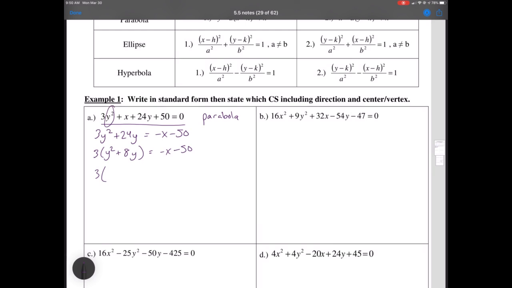So 3 times y plus 4 squared equals 4 squared times 3, plus 16 times 3. So that in turn gives us 3 times y plus 4 squared equals negative x. 16 times 3 is 48. 48 plus negative 50 gives me minus 2.